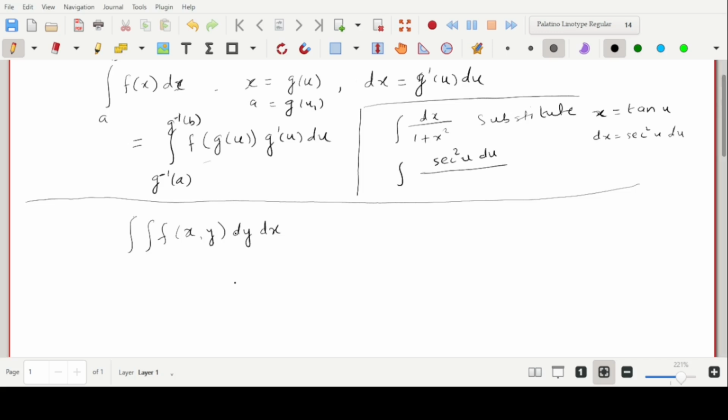Now if we substitute, dx becomes secant square u du, and x is tan of u, so 1 plus tan square of u is secant square u. The integral becomes secant square u du divided by secant square u, so this is the integral of du, which is u, but u is tan inverse of x.